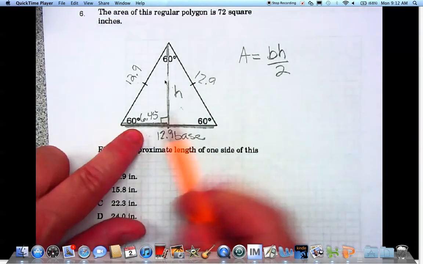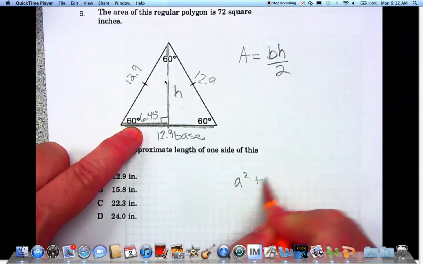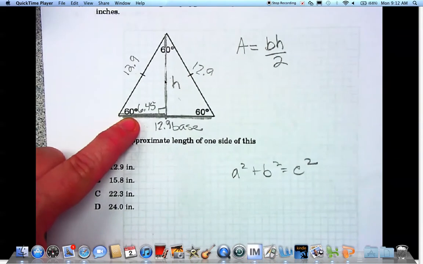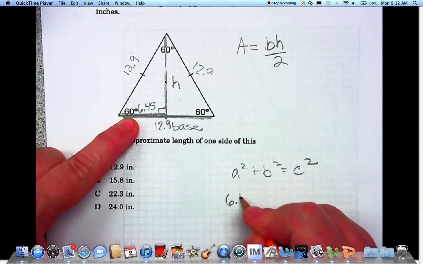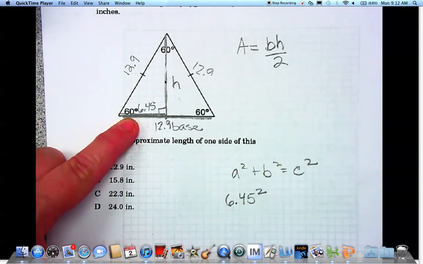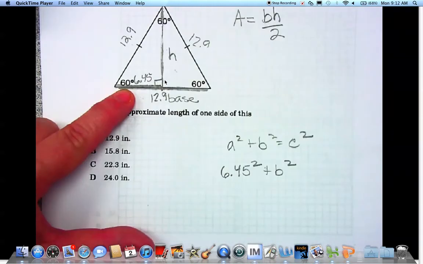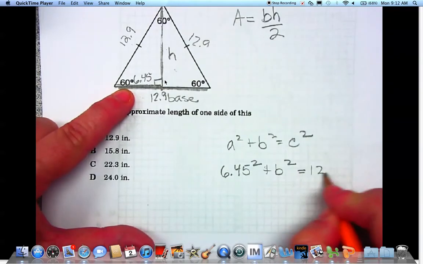So what's the Pythagorean theorem? A squared plus b squared equals c squared. What would we plug in for that? 6.45 squared plus b squared equals 12.9 squared.